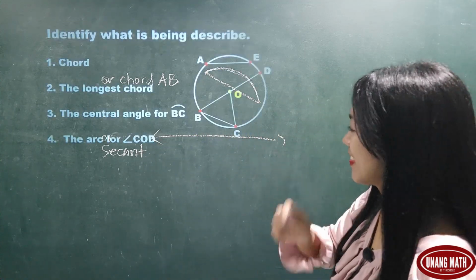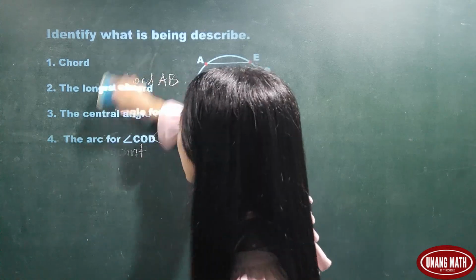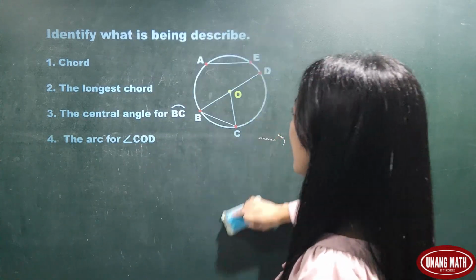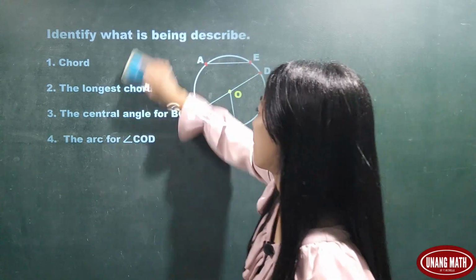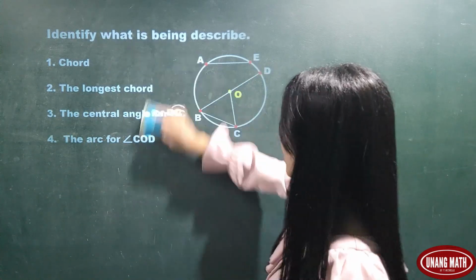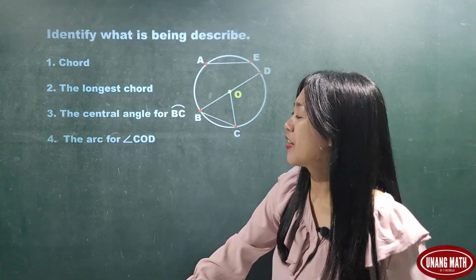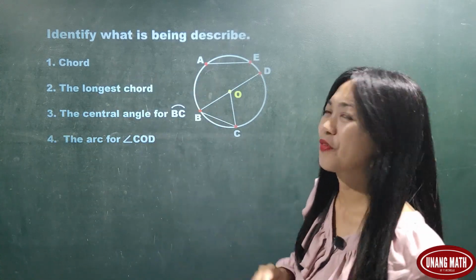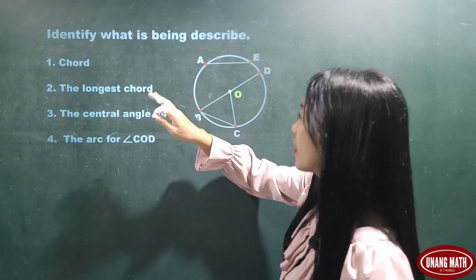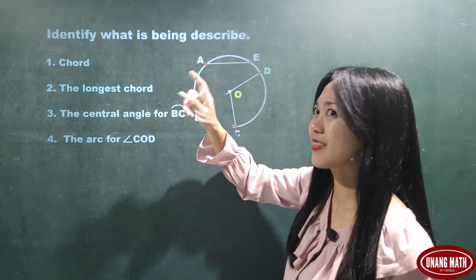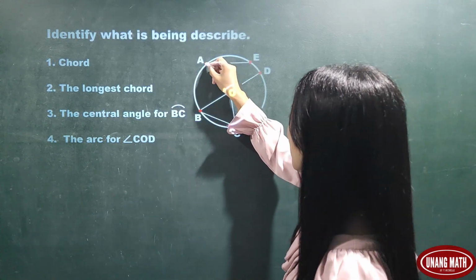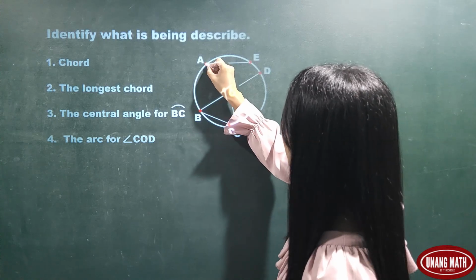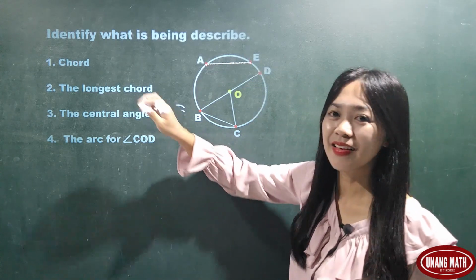Okay, this time, let's answer this simple activity. We are going to identify what is being described. Okay, number 1 is chord. So let's identify the chord or chords in this figure. Okay, if it's chord, then chord is a line segment. So there's a starting point and end point. So AE is a chord.